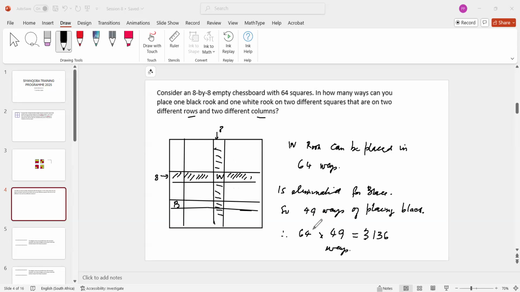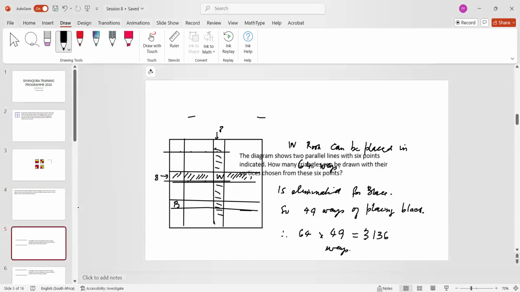Okay, so the most important thing is that you're multiplying two numbers. The first one can be chosen in 64 ways, and the second one in 49 ways, and therefore you will have 64 times 49 ways of placing both of them together.